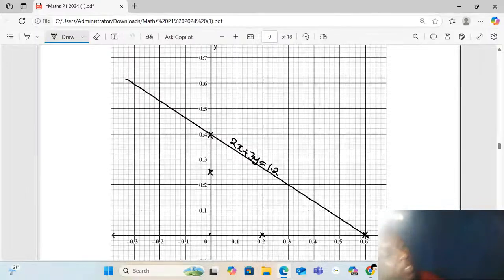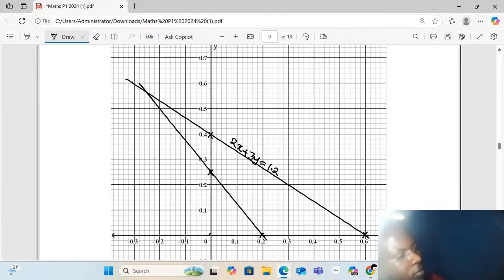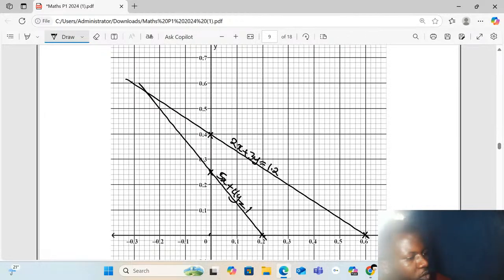Then you join the 2 points. So this equation is 5x plus 4y is equal to 1.